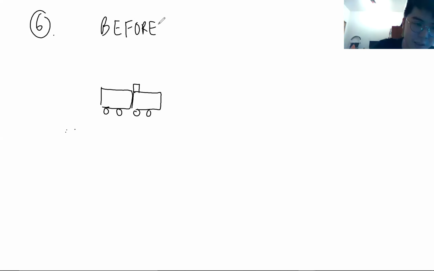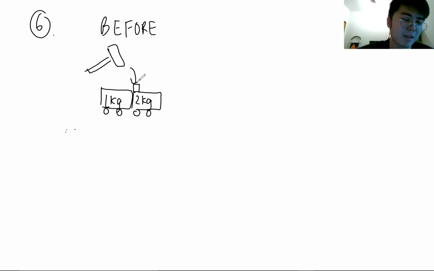The mass of the first trolley is 1 kg, the second one is 2 kg. Initially they both are at rest, right? So no momentum because zero velocity. Now after that, it takes a hammer. It hammers this point.